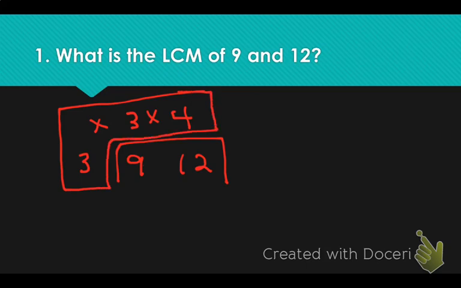So 3 times 3 is 9, times 4 is 36, so the LCM is 36. So if you got it right, I want you to put a check mark beside number 1. Feel free to pause the video. I'm going to try to make this as quick as possible. Alright, here we go. Next one.